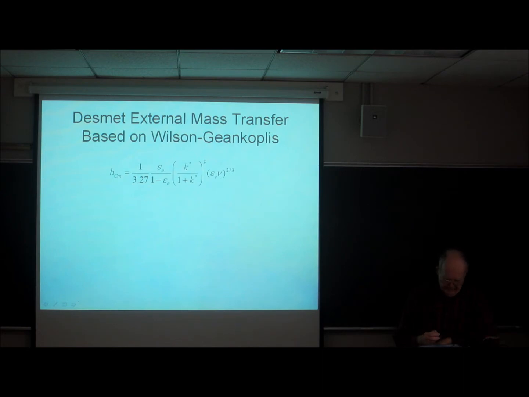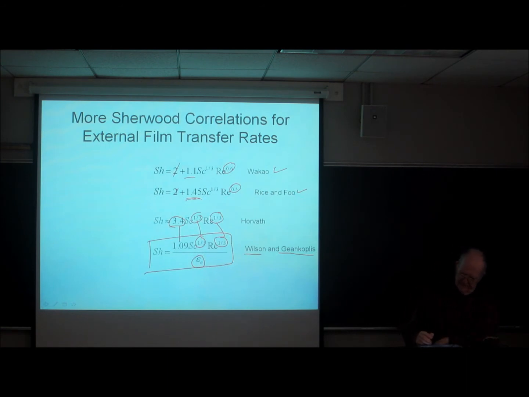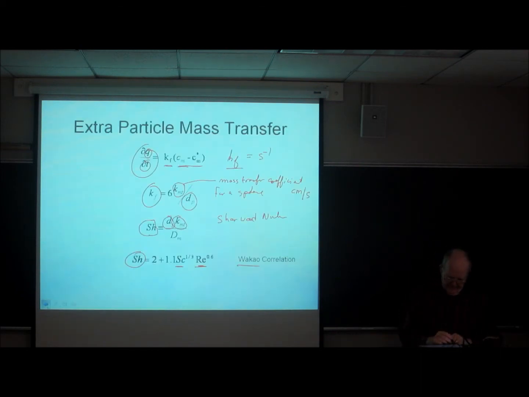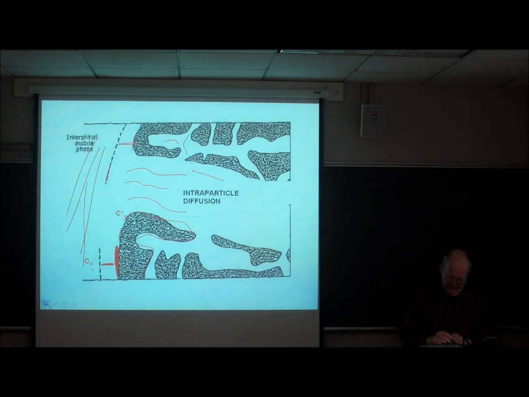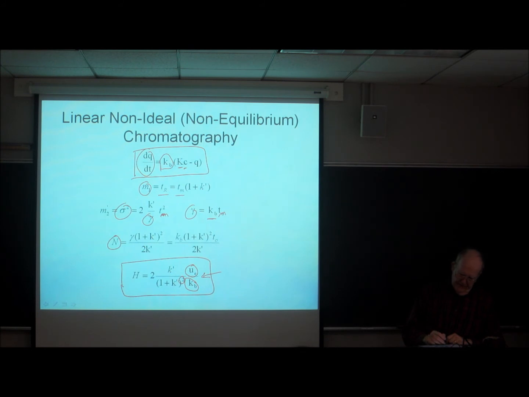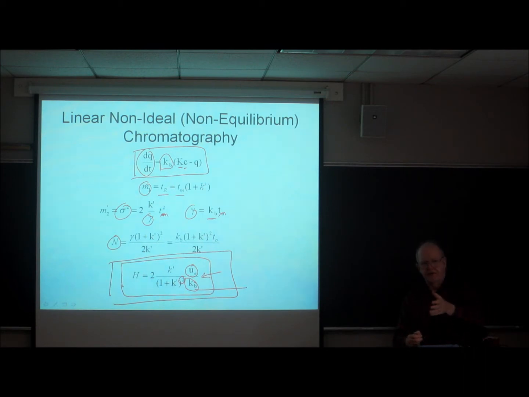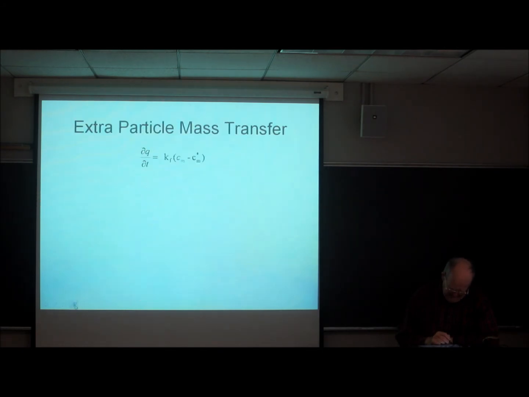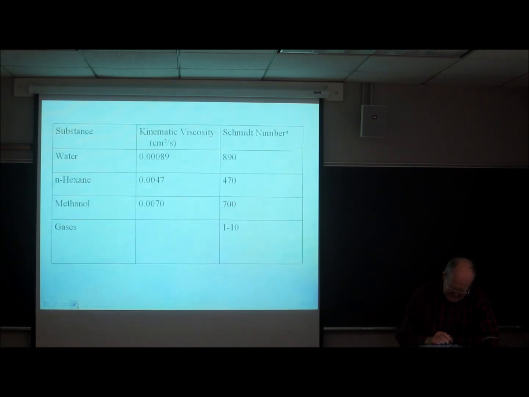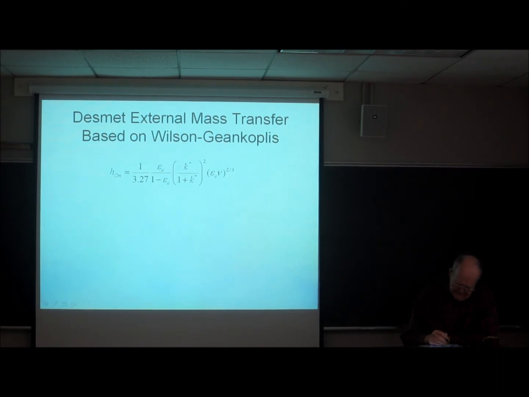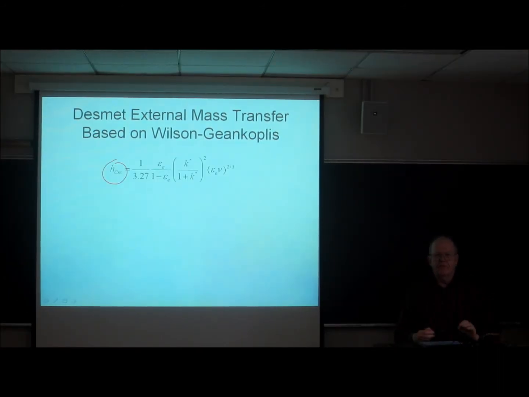So, if I now take the flow dependence inherent in this Reynolds number to the 1/3 power, and combine it with this equation for the HETP in terms of KB, relate the KB to the KMT to the Sherwood number, plug everything together, then sometime later, out comes what we call the external or mobile phase resistance to mass transfer.